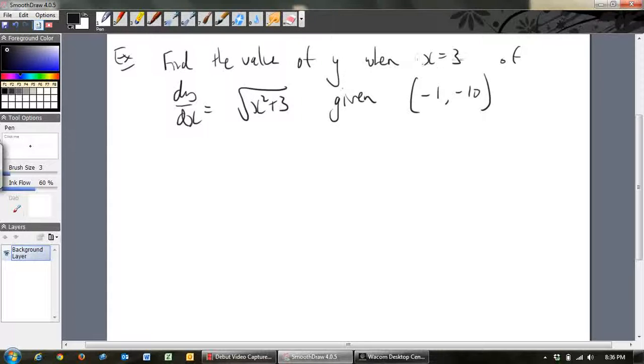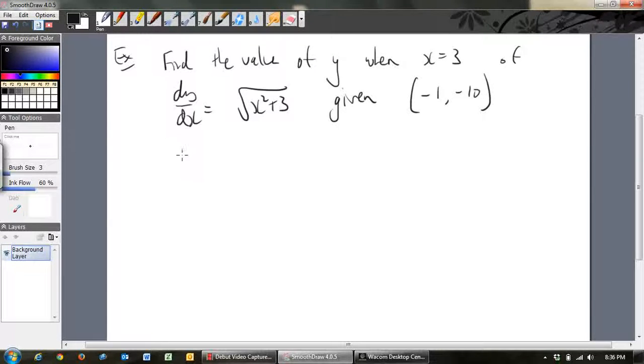So find the value of y when x is equal to 3 of this differential equation given this certain point. In this one, we're not looking for a function of x, we're actually substituting in x equals 3 at the end.